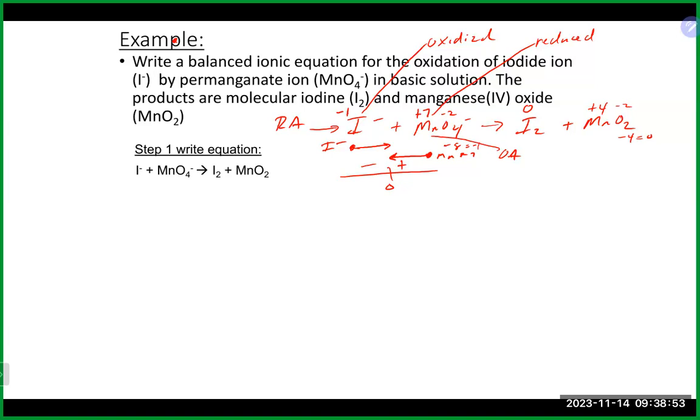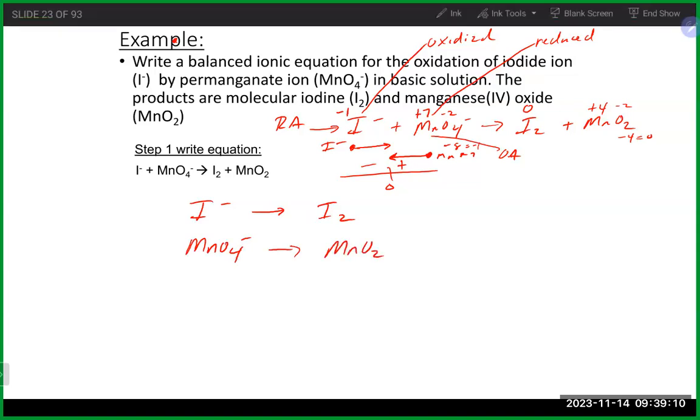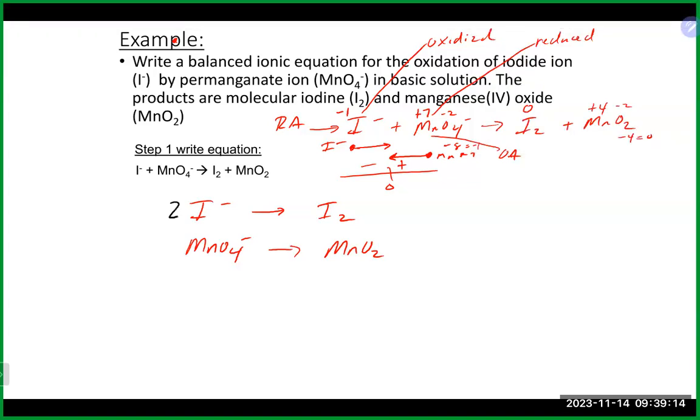All right, so now that we have an idea of what's going on, we're going to separate out our 2 half reactions here. So the guys that go together will stay together. So we have that, and we have some MnO4 action happening there. Next thing we're going to do is balance everything but oxygen and hydrogen. So in this case, we need to put a 2 there for our I. And other than that, I think we're good.